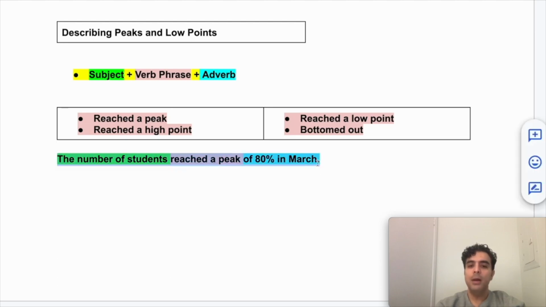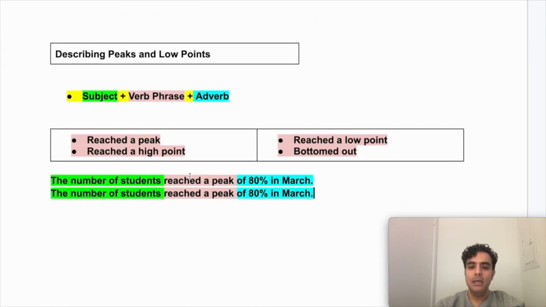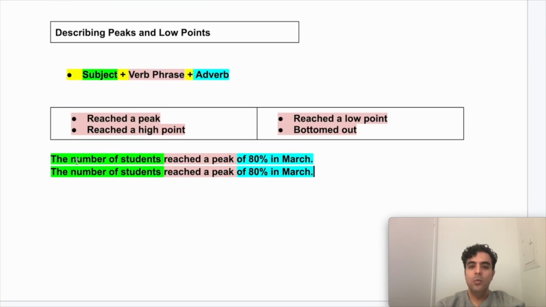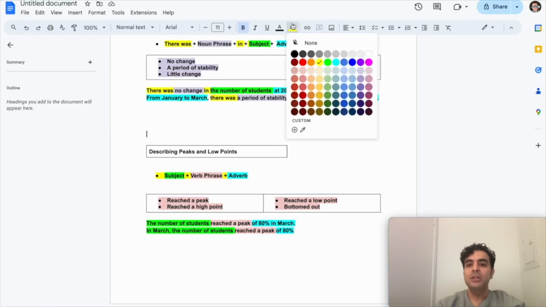What if I want to talk about a low point? How can I do that? Well, to create some variety in my sentence structure, I will start my sentence with the adverb of time. And so I will say, in March, the number of students reached a peak, right? Now, remember, the preposition that you use for time will depend on what the unit for time is.